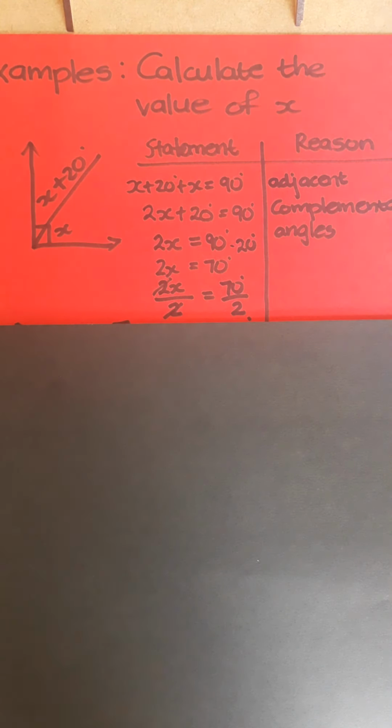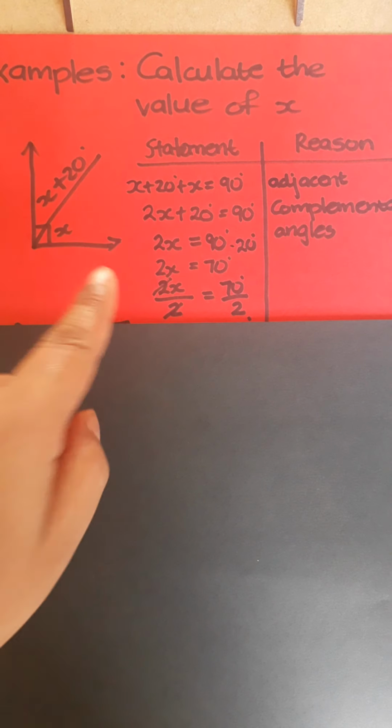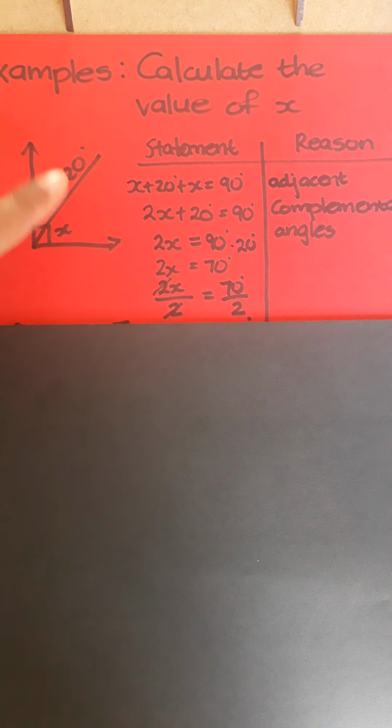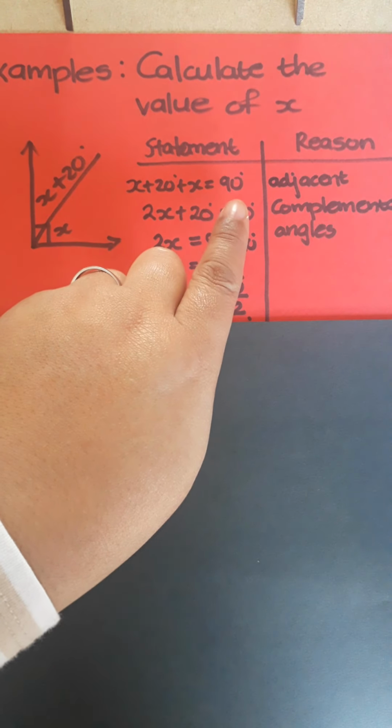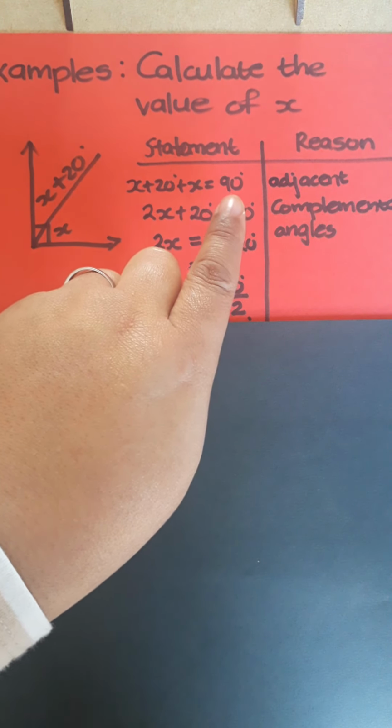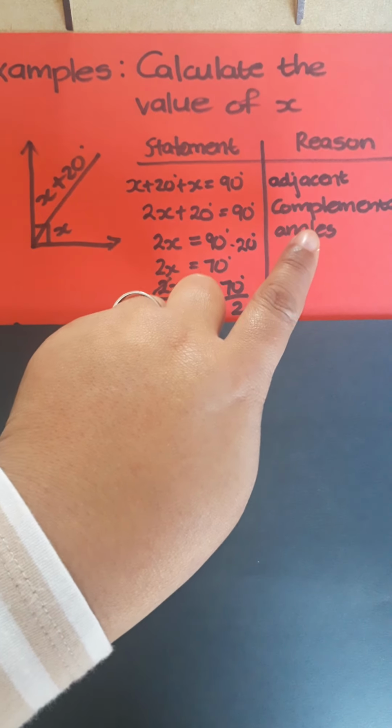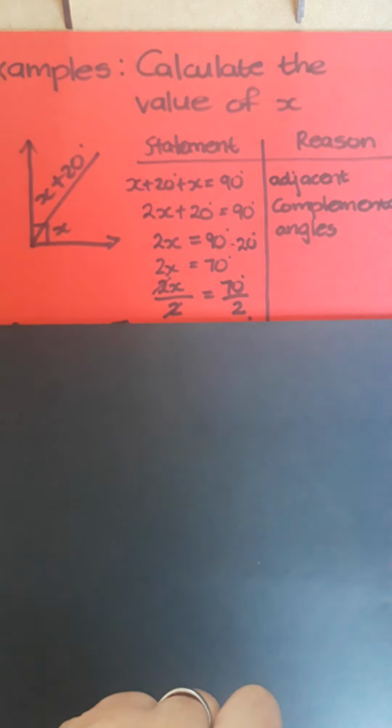Under my statement, I am going to write down an equation. I know that X plus 20 plus X would be equal to 90 degrees. And my reason I write is they are adjacent complementary angles.